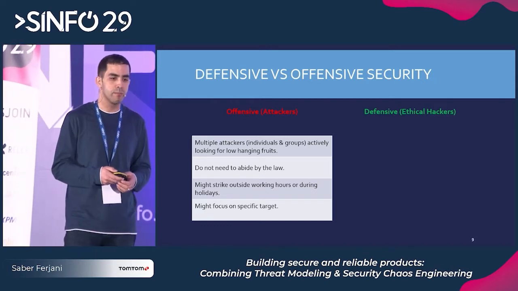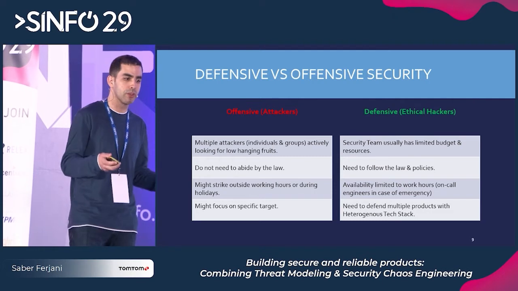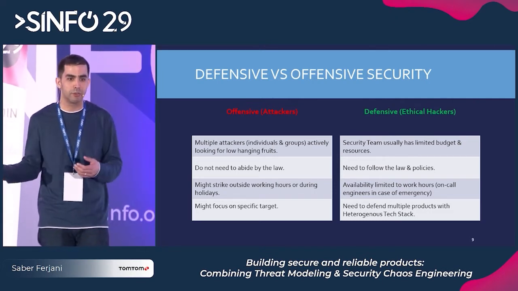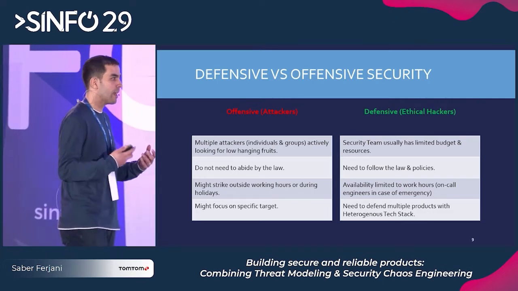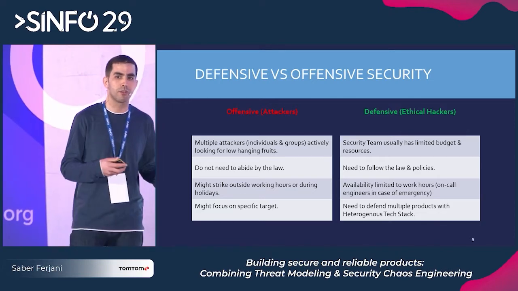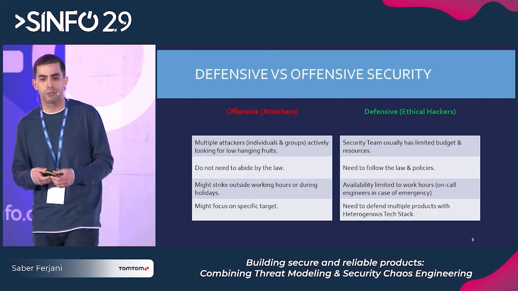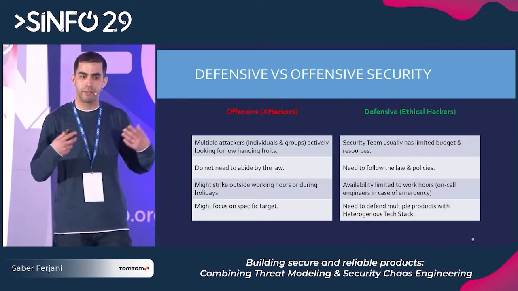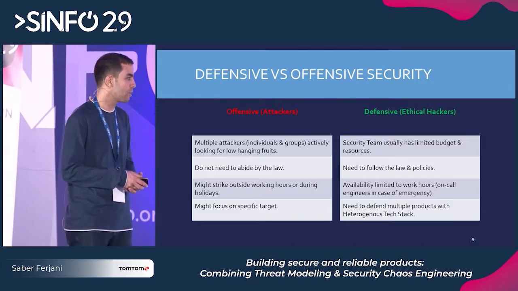While the defensive team is usually bound by working hours. You have to work from 9 to 5, and so on. We still have on-call engineers, of course, but it's not enough to counter people who are actively working 24/7 all around the globe.